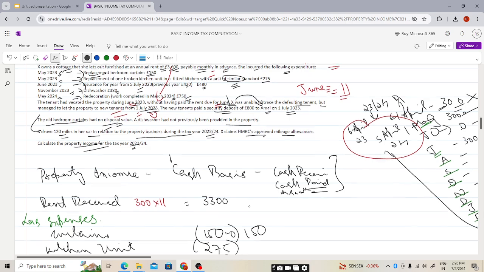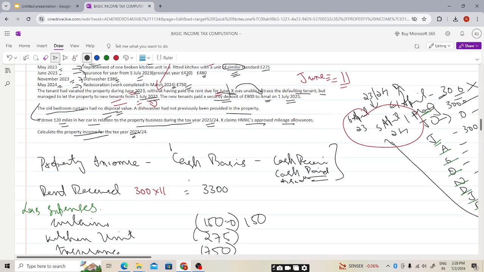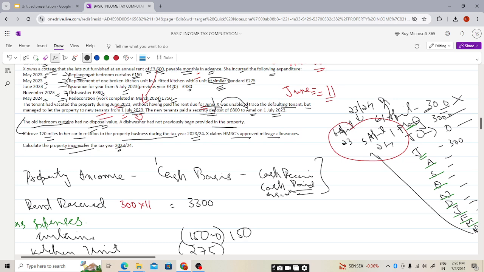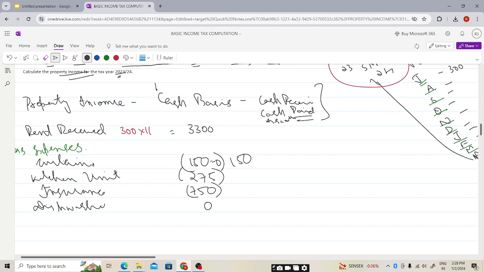Now coming to the dishwasher. Read the line. The dishwasher had not previously been provided. So it was not previously provided and it is an asset. So it will not be allowed. Replacement relief will not be allowed. So 0. I told you in section C you need to mention why you are taking 0. The examiner needs to know whether you know the concept or not.